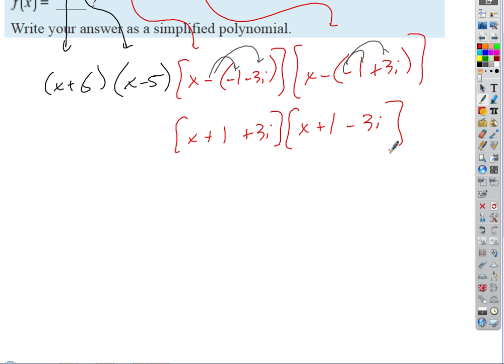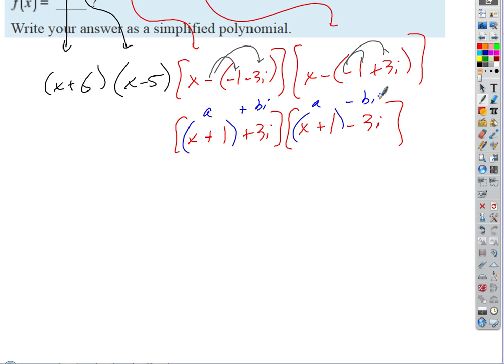Doesn't that look better? Now those look like conjugate pairs, don't they? I've got a plus bi and a minus bi. See that? So then what's the product going to be?